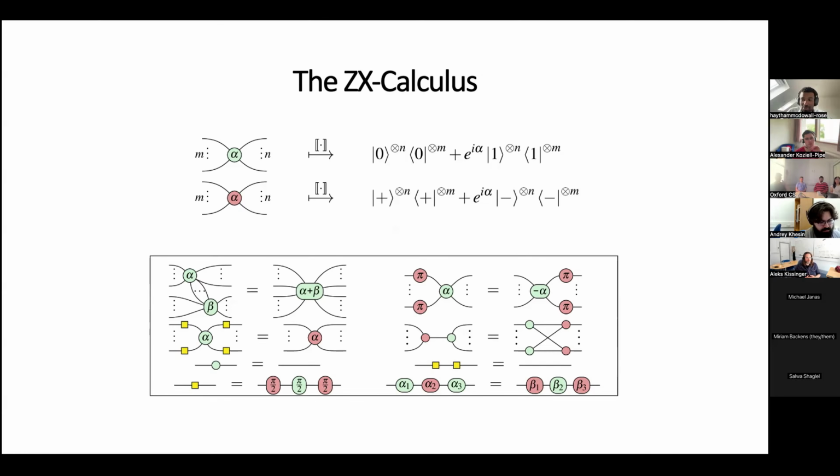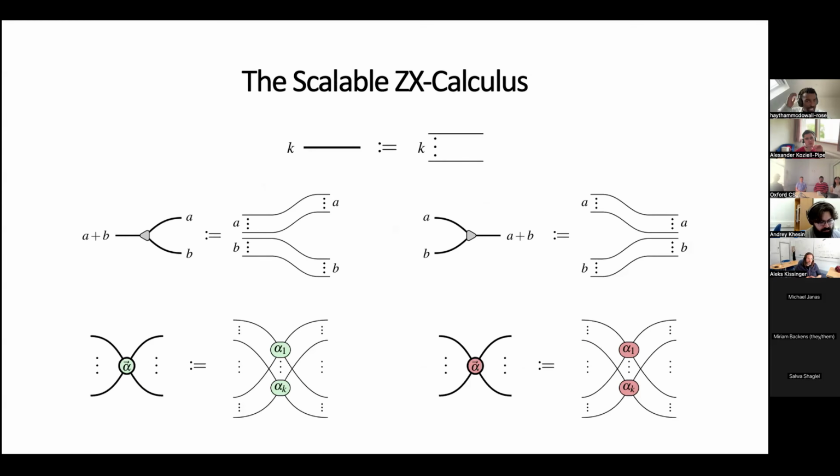The main extension we use is called the scalable ZX calculus, which is really useful for working with multiple wires at the same time. So instead of writing k wires with this dot dot dot in between them, what we would do is express this as a thick wire with a label k. This represents a register of k qubits.